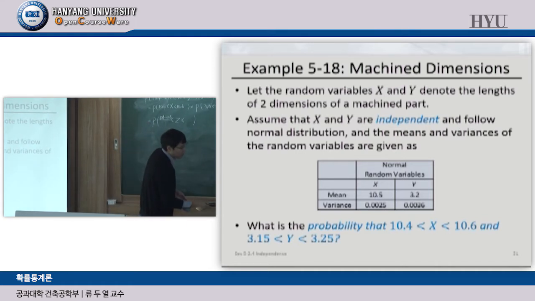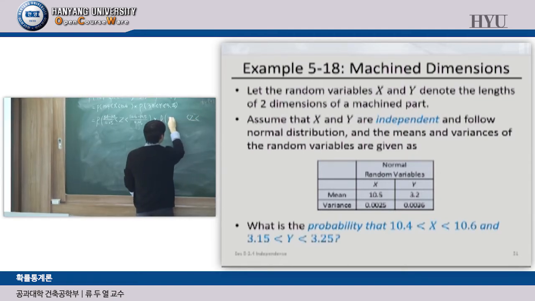The standard deviation is the root of the variance, so that is 0.05, right? And this is also between 10.6 minus 10.5 over 0.05.